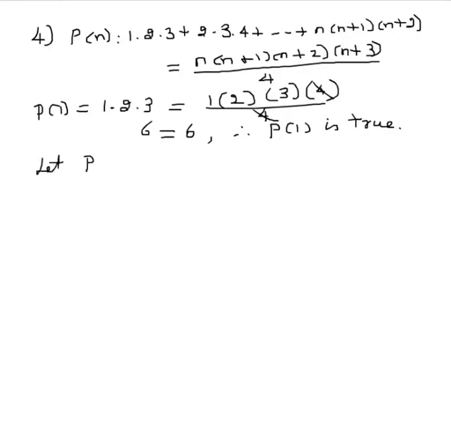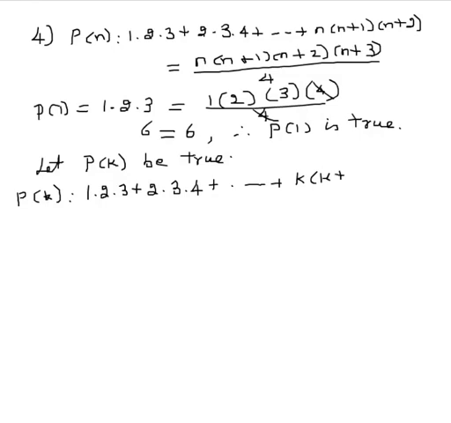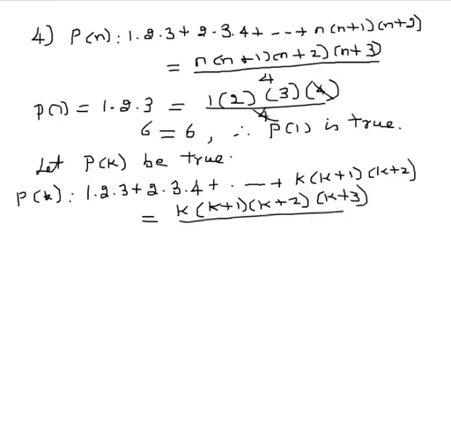In that we first assume that p of k is true. And write p of k statement, which is 1 into 2 into 3 plus 2 into 3 into 4, etc. Kth term is k into k plus 1 into k plus 2, which is equal to, substitute n as k in the given statement, k plus 2, k plus 3 divided by 4.